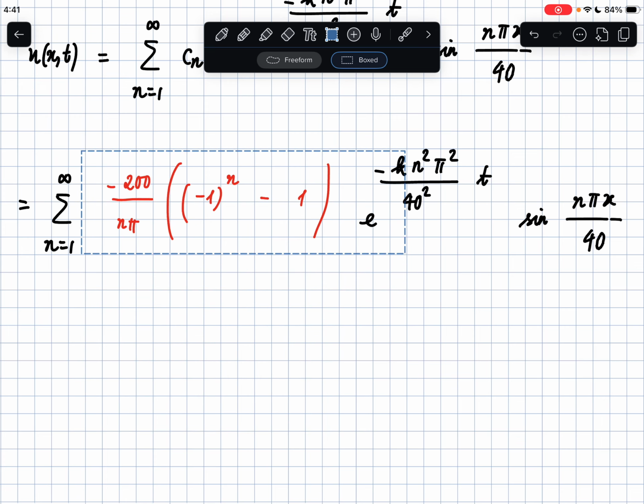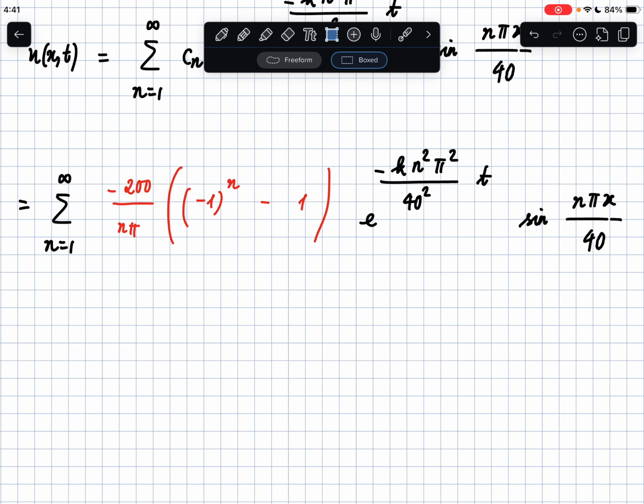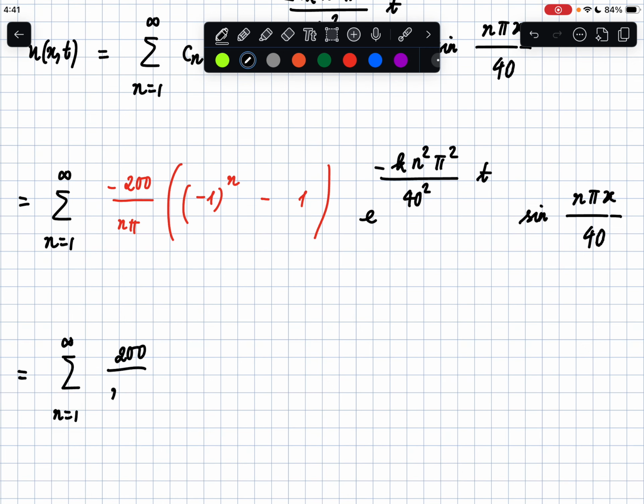We put Cn there, and we have the solution of the heat equation. Or you can write the summation n from 1 to infinity, and I can just put this minus inside: 200 over n pi, 1 minus (minus 1) to the n.